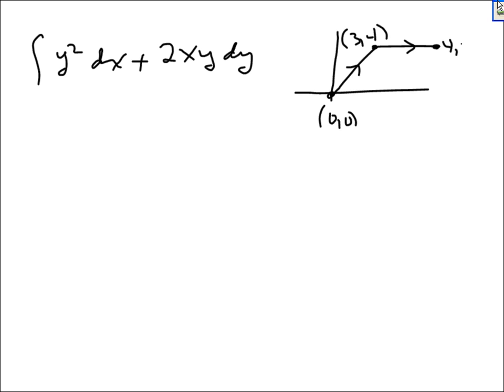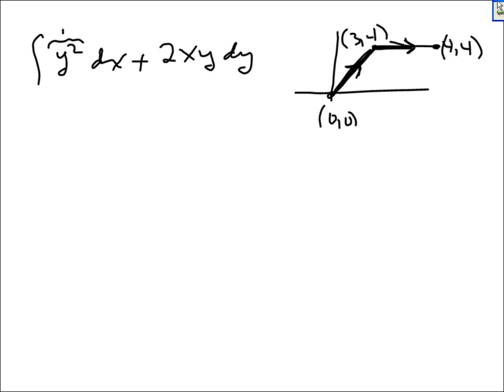And this point is (4, 4). Now, you can integrate over this path. You would make it two paths. You would first go along here, and then you would go along here. But there are easier ways of doing this problem.